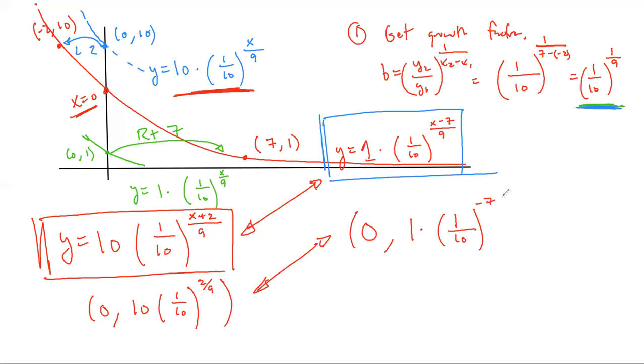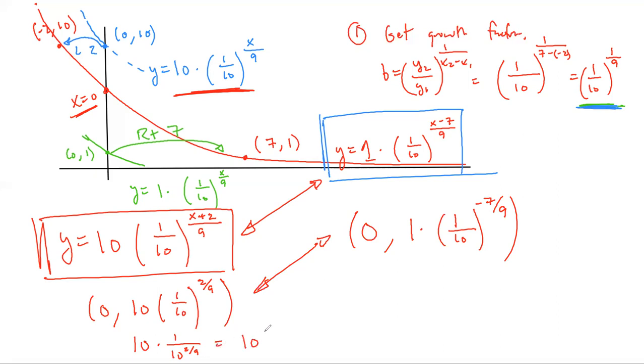And I know that you're saying, Paul, these things don't look remotely alike, do they? But I'll remind you, if we look over here, that's 10 times, and I'm going to write it like this, 1 over 10 to the 2/9.